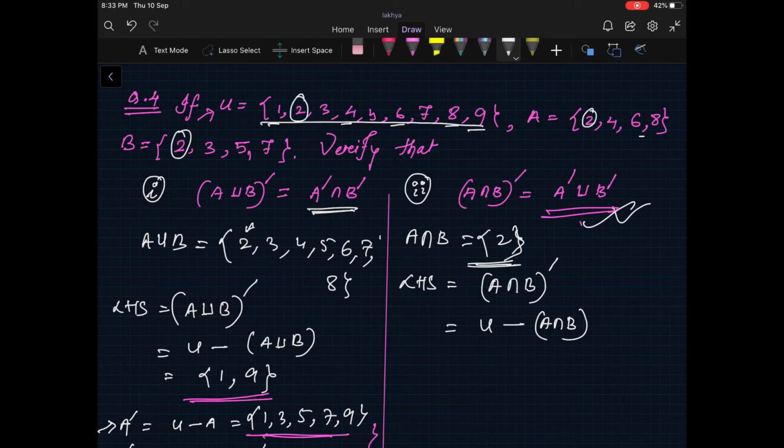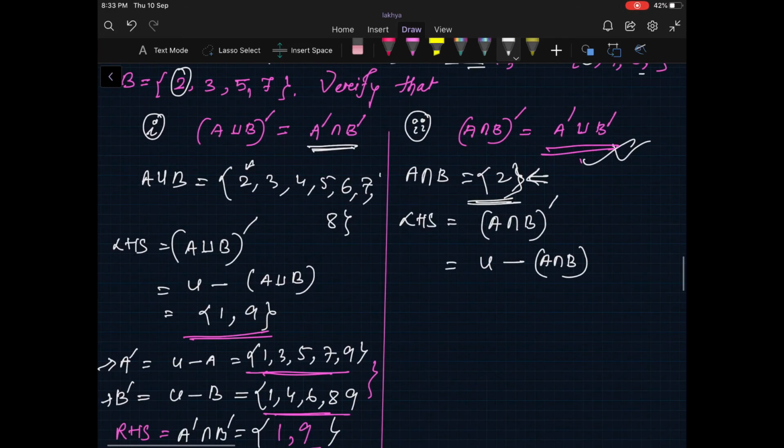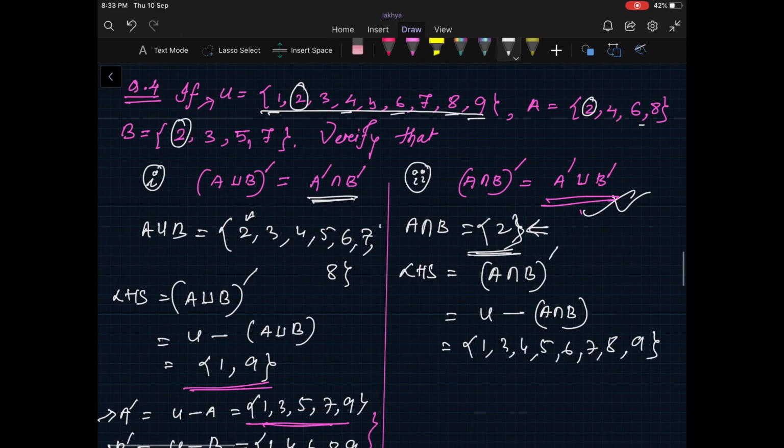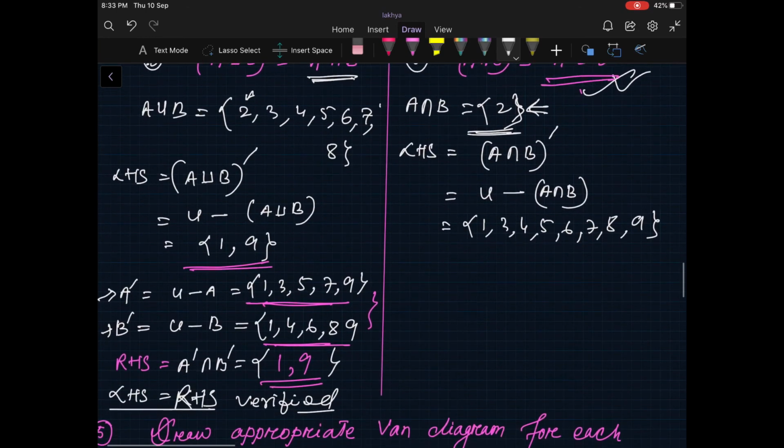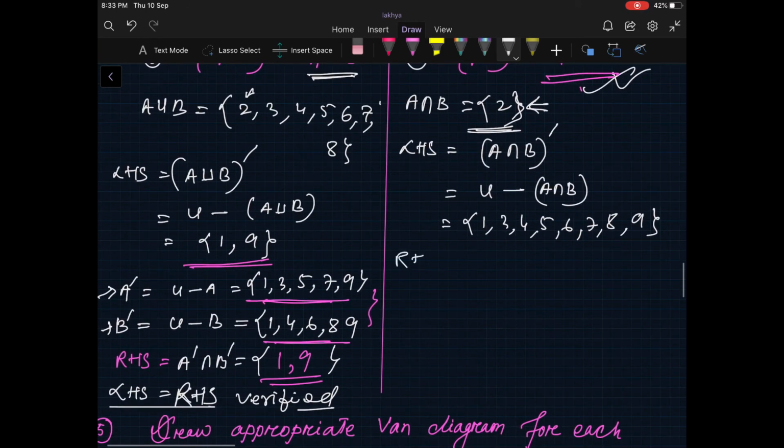So the set of the remaining elements is 1, 3, 4, 5, 6, 7, 8 and 9. So this is the left hand side.